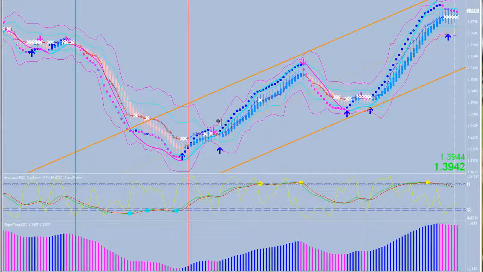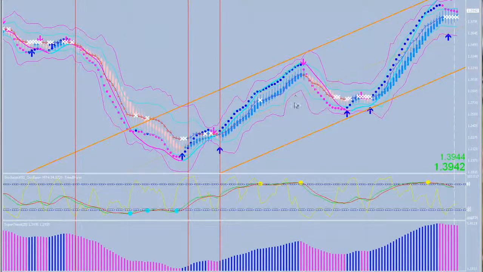You just keep going long. So your next entry would be right here, and you would ride it until your non-lag dot changes color, and that would be for 847 pips.